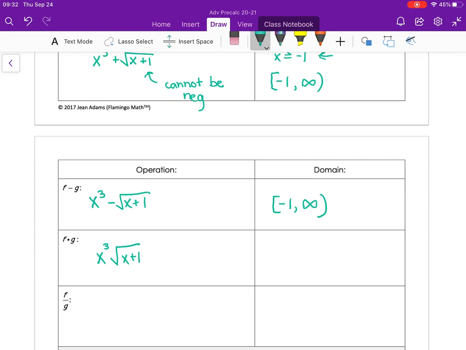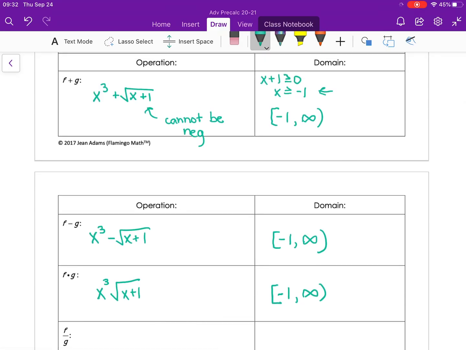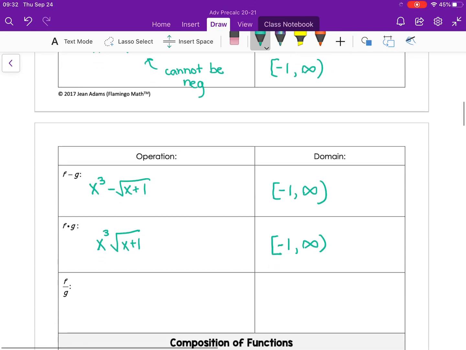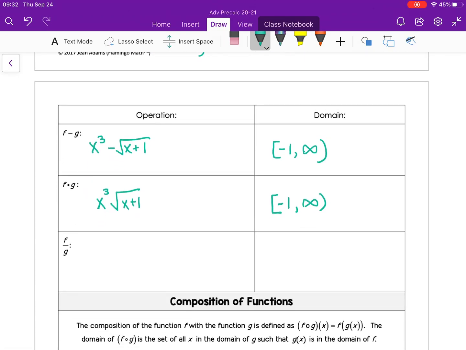Again, all right, cool. And notice, same thing. The only thing that's not allowed is a negative under the radical, so that is still the same. So your domain for addition, subtraction, and multiplication are typically all the same. It's division that makes things weird, okay?